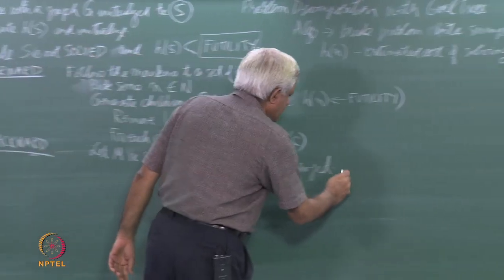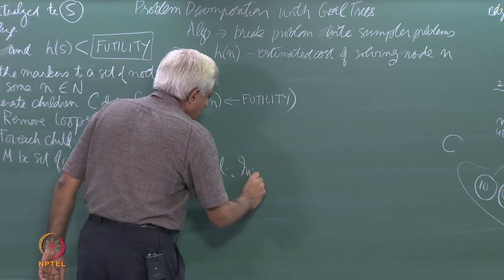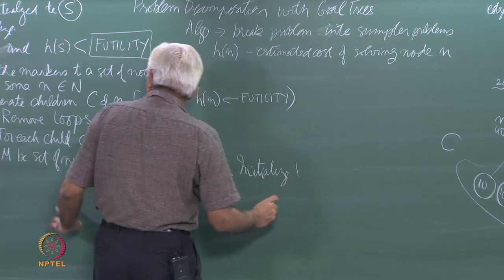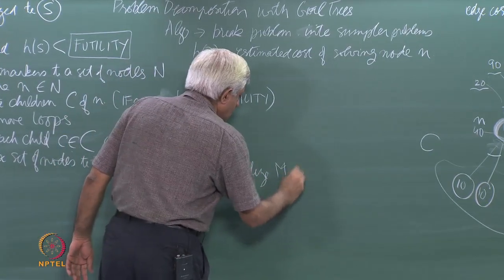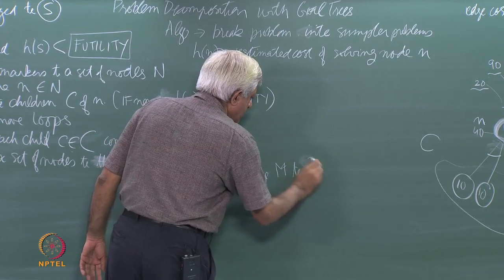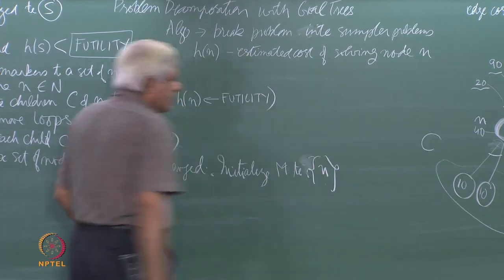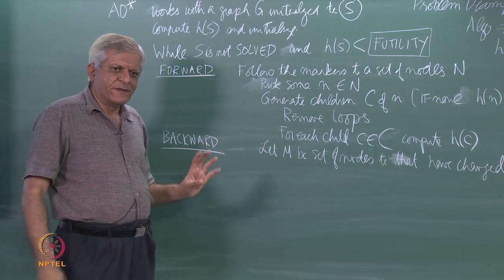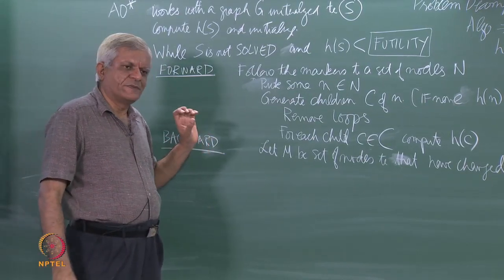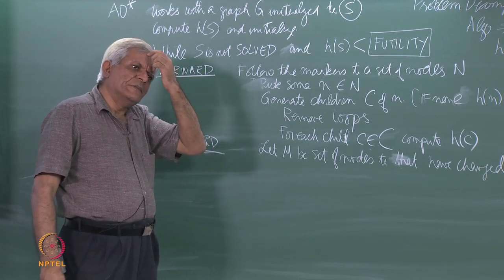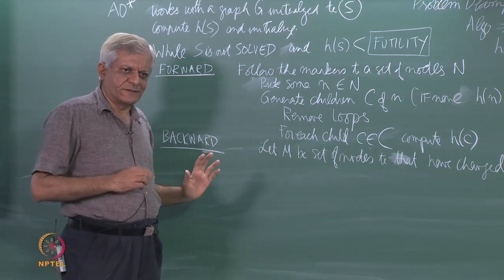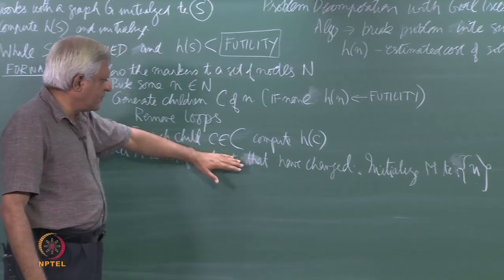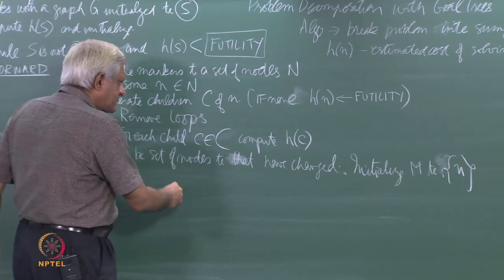So, initialize M. The node that I expanded, I put this into the set M, and essentially M is going to be the nodes whose value has changed. So, I could have done the next steps before this, but it does not matter. So, let me write it here.